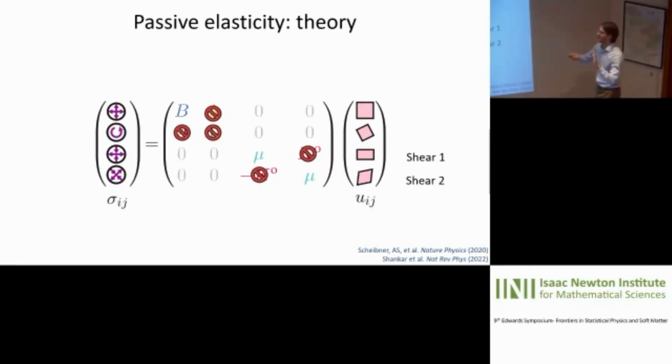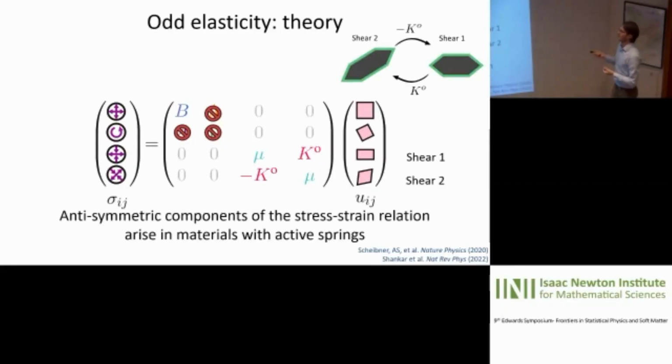So now if we keep the structural symmetries the same, so we keep it two-dimensional and isotropic, but break this requirement that we're reciprocal, or that there's no energy being injected into the system, then the moduli that you can have in this elastic tensor expand, right? There's one more number here, under the same assumption, by the way, that you still have no stresses due to rigid body rotations and no torques.